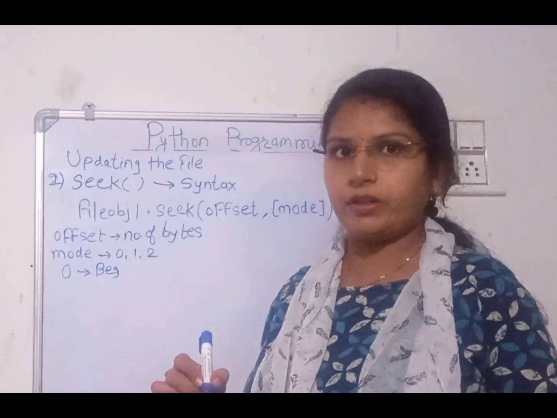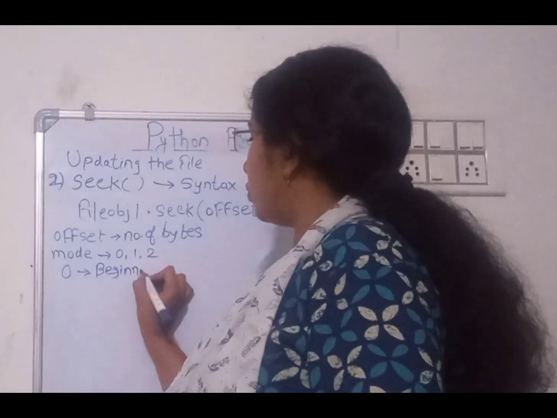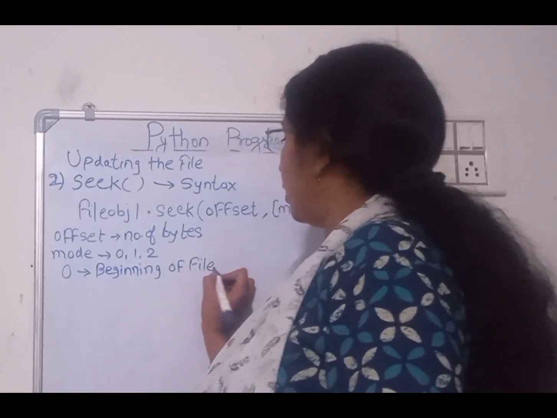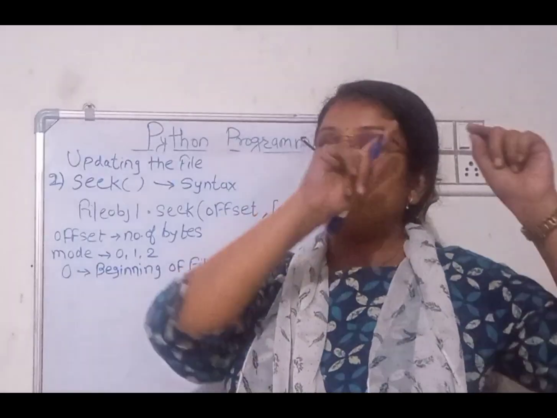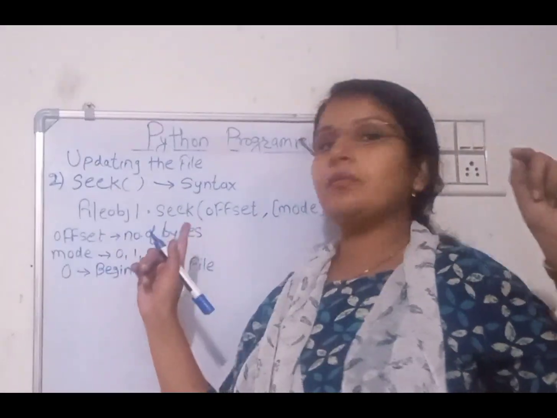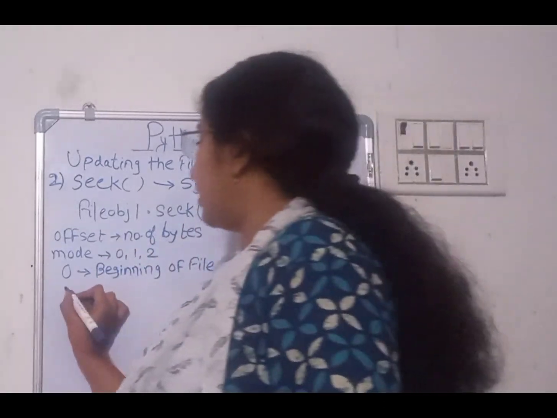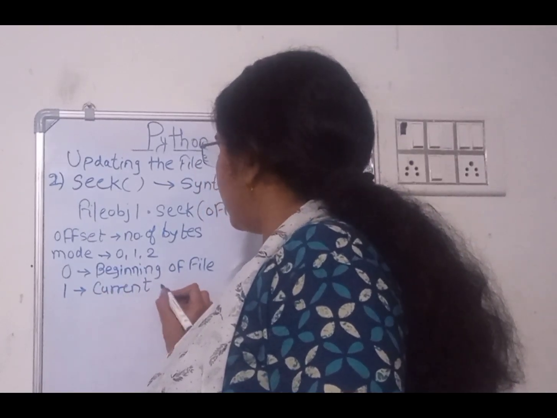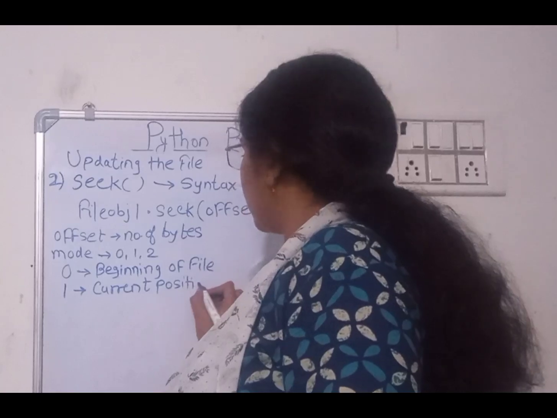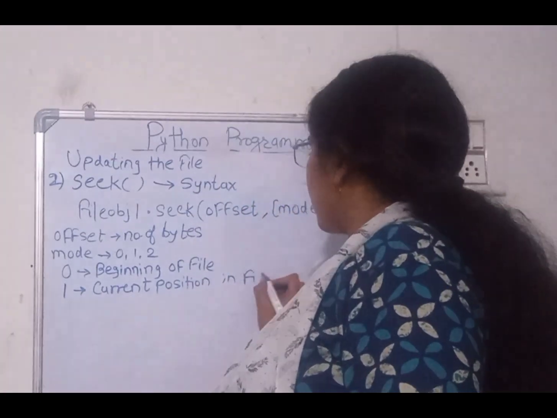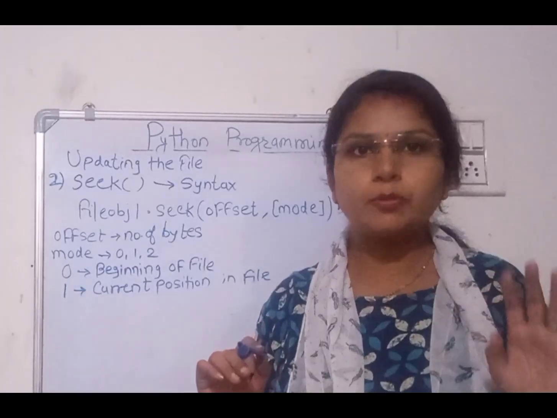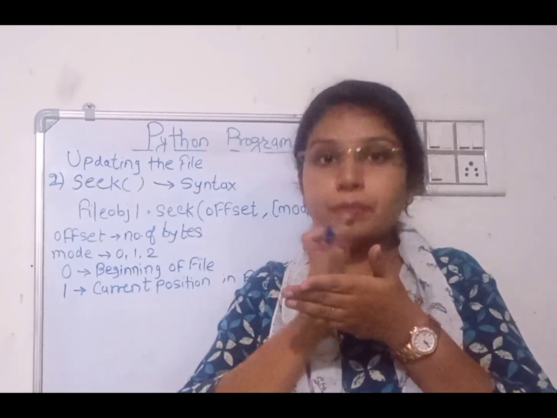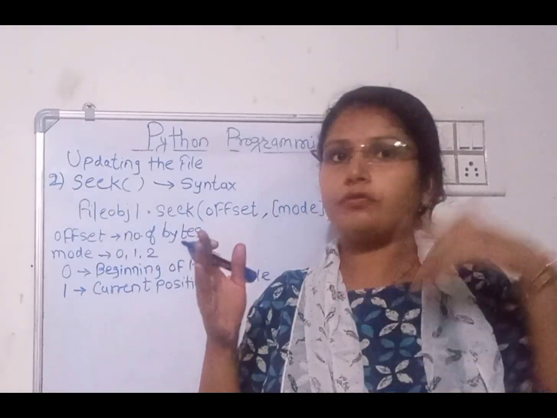0 is the default mode, from the beginning of the file, because the seek method is used to change the file pointer position. If you mention 0, then you change the file pointer position from the beginning of the file by some number of bytes. Then 1 is the current position in the file. Suppose you are already at the 50th position, then you change the position from that 50th character, not from the beginning.